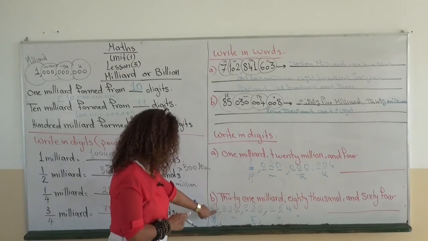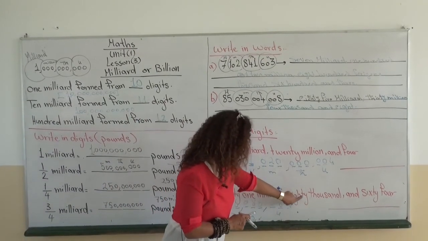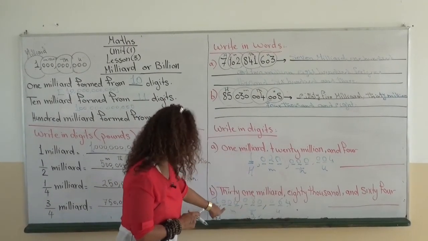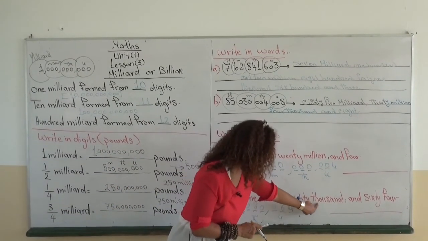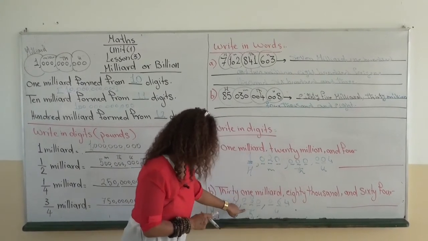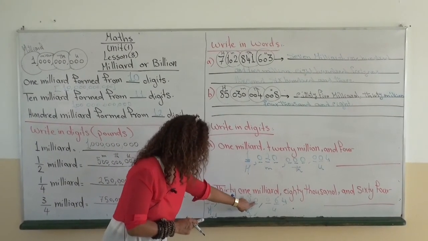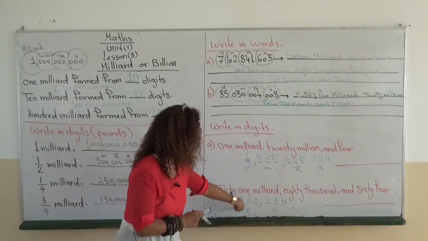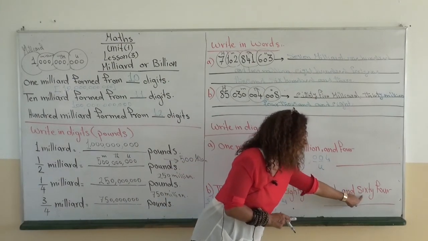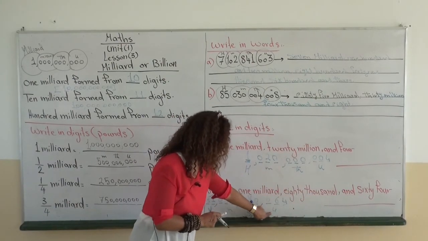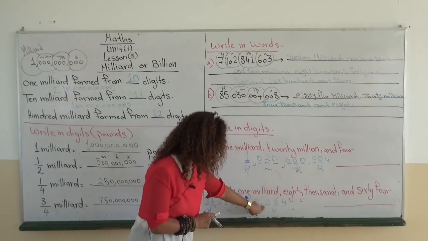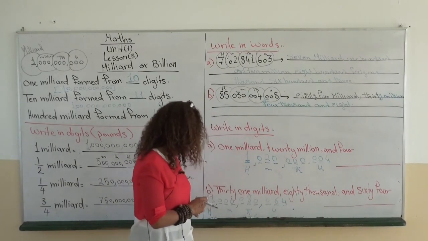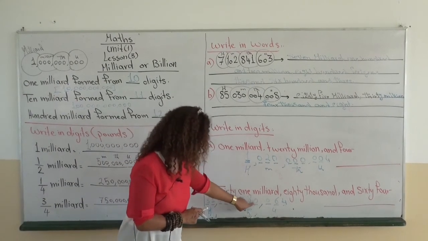Look here, I don't have a millions family, so I will write instead of it 3 zeros. After that, go to the thousands family and write 80. I don't have 100,000 here. And the last one is 64. So in the units family, I will write 64 here, and I don't have 100 here. So it will be 31 milliard and 80,064.